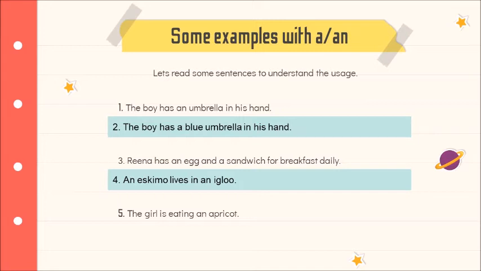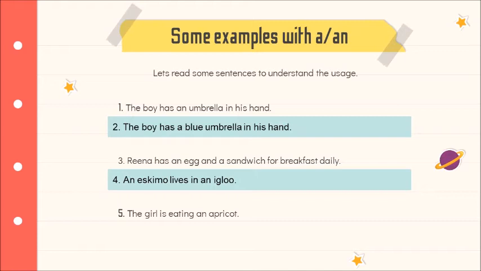Sentence 3. Reena has an egg and a sandwich for breakfast daily. An egg because e sound is a vowel sound, so an egg. And a sandwich because sandwich starts with s sound, which is a consonant sound.